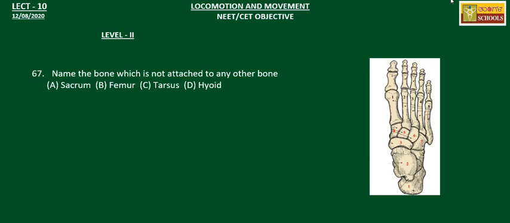The next question: name the bone which is not attached to any other bone. So when we see the sacrum, it is part of the vertebral column, anteriorly it is attached to the lumbar vertebrae, and posteriorly it is attached to the coccyx.